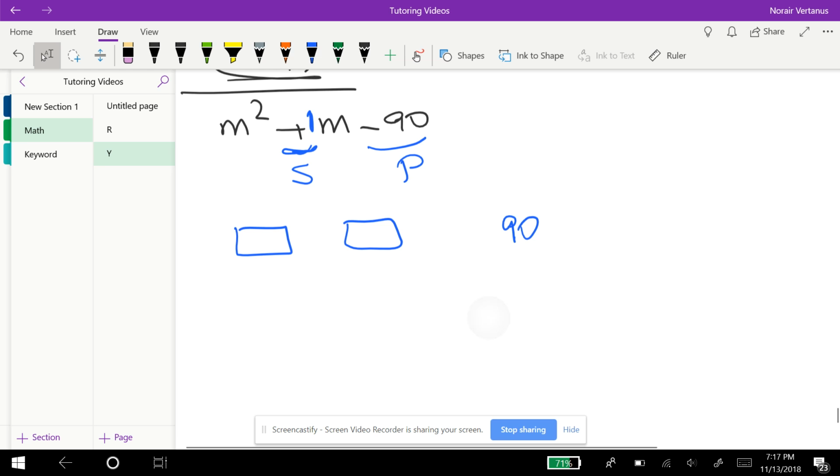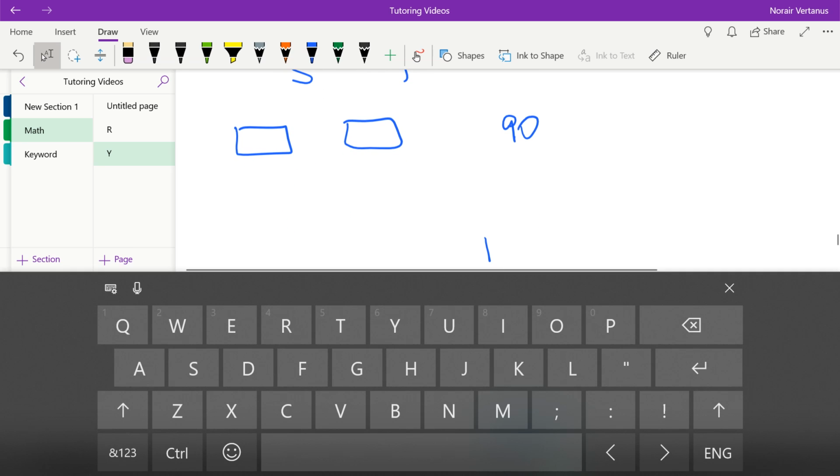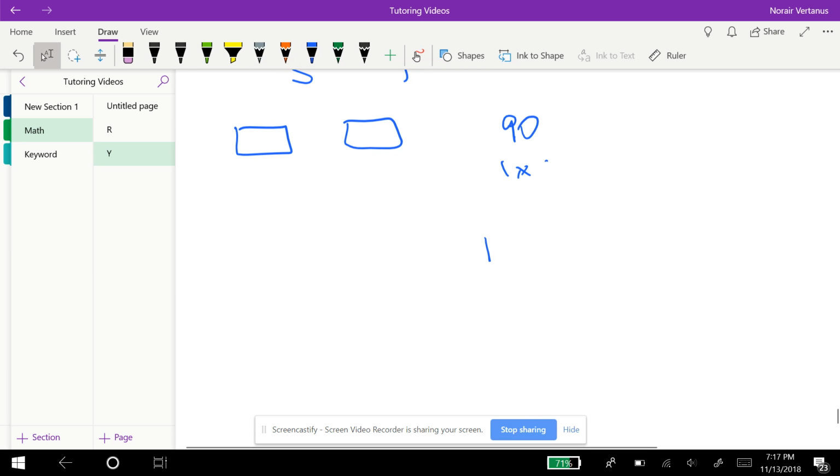So to get 90, like 1 times 90, 2 times 45, and then 3 times what? 3 times 30. None of these, if you add these numbers, is going to add up to 1, right?